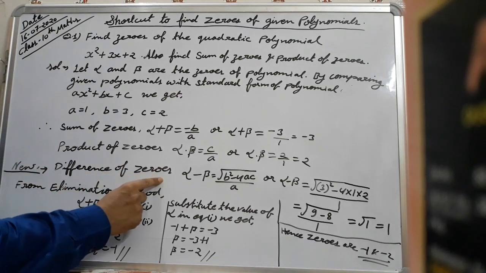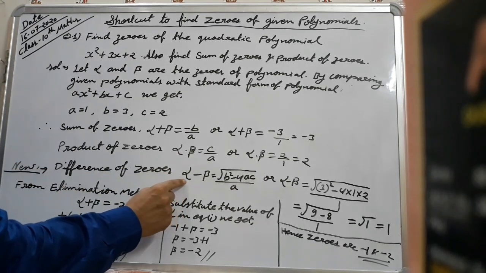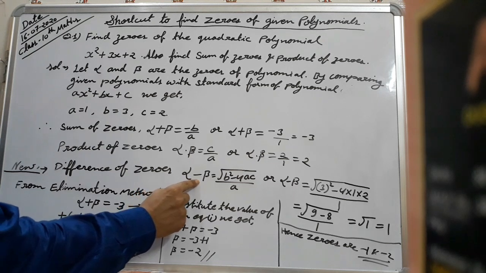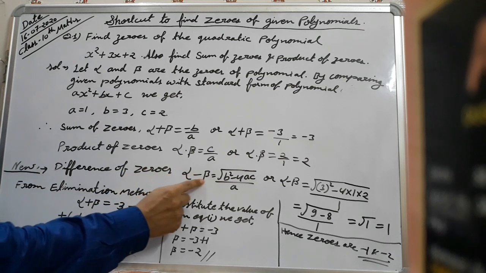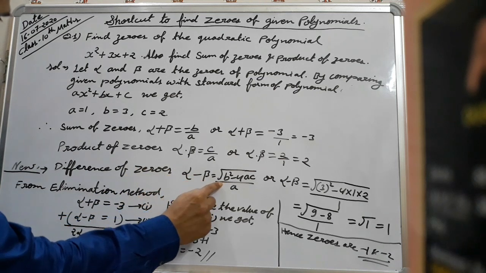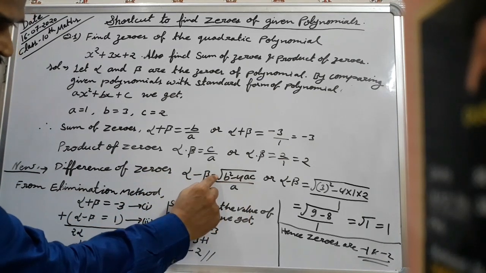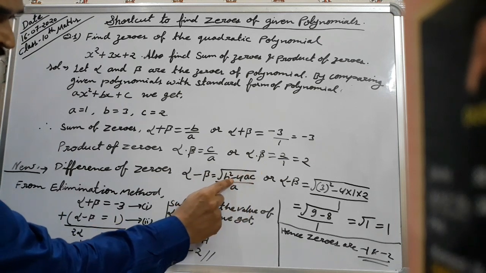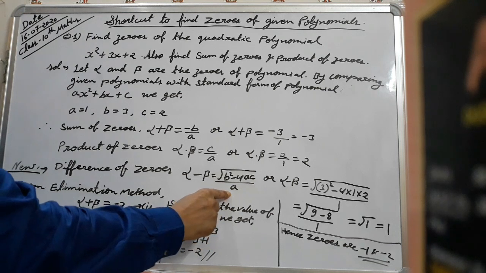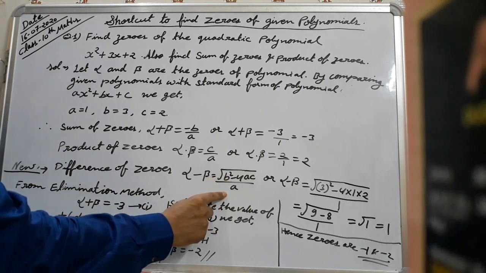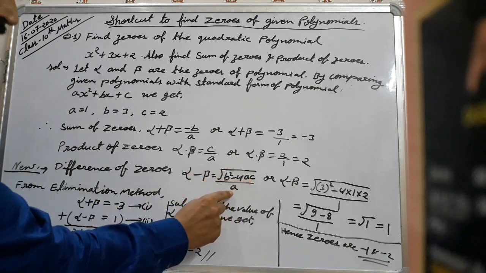Difference of zeros is alpha minus beta, because alpha and beta are the zeros of the given polynomial. Therefore alpha minus beta is equal to, this is the new formula, under root b square minus 4ac by a. This formula is discovered by me only.